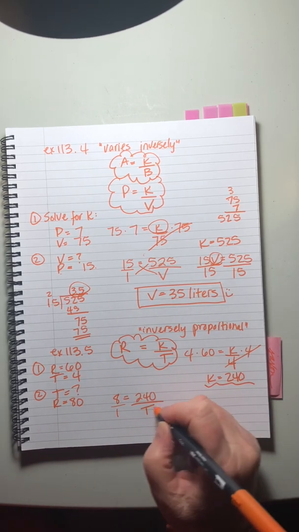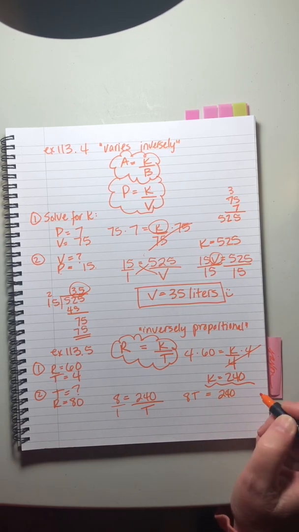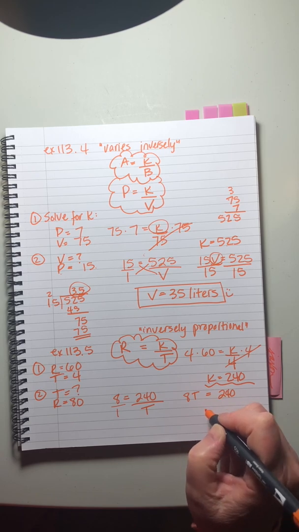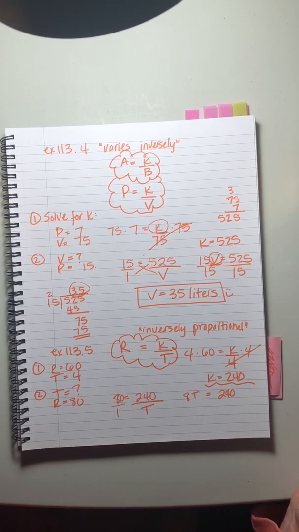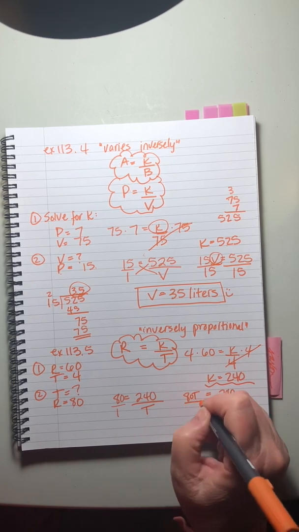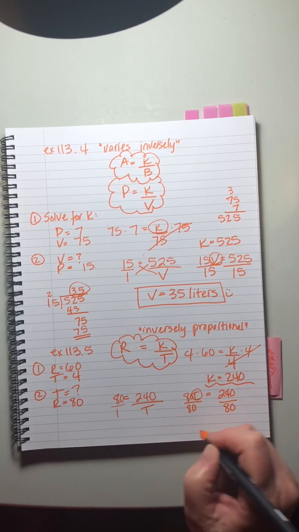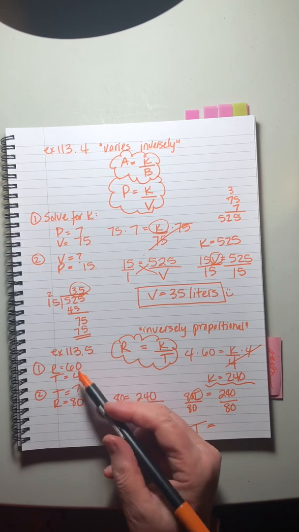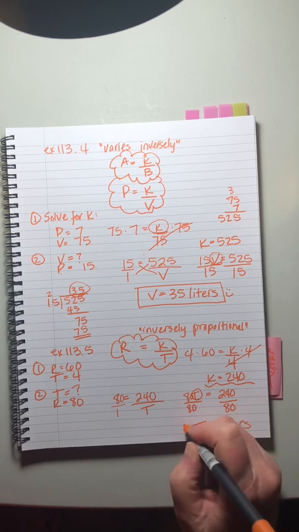That's over 1 if that helps you. 80t equals 240. Oh, I'm sorry, this should be 80, not 8. Make sense? So now we want to divide both sides by 80 so that we can isolate that t. And we get the time required to travel this distance at the new speed, the new rate, is 3 hours.